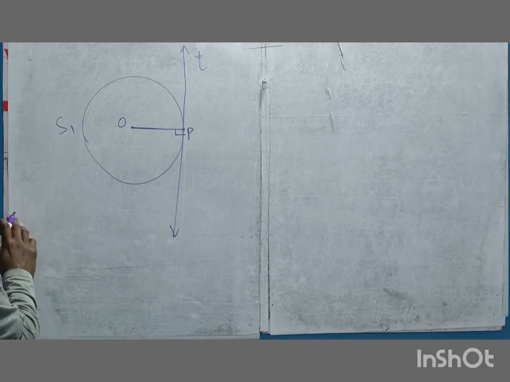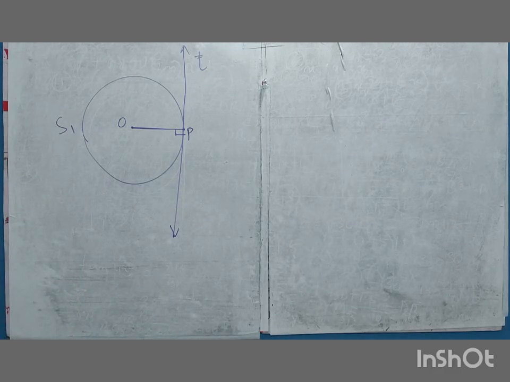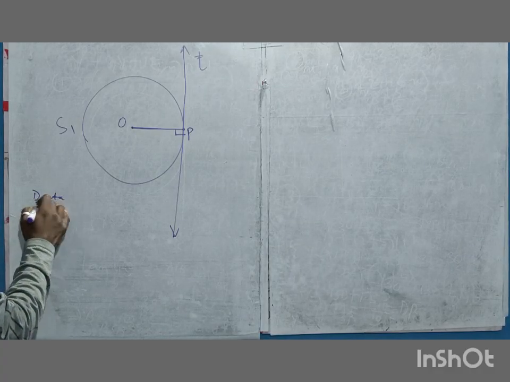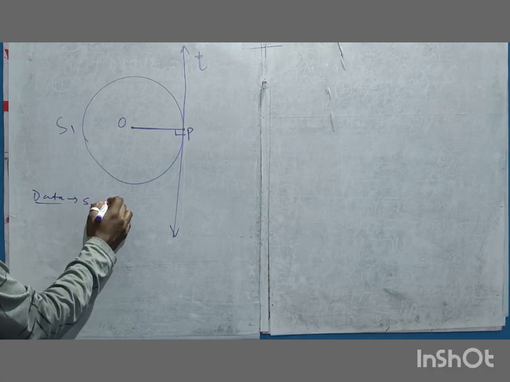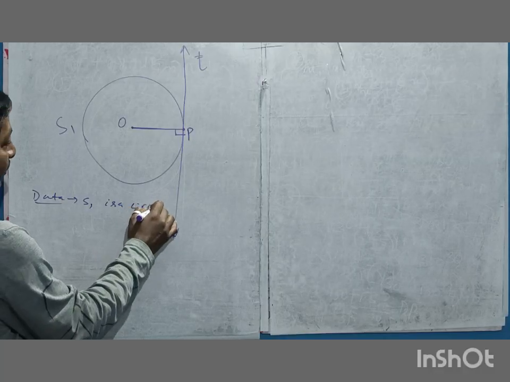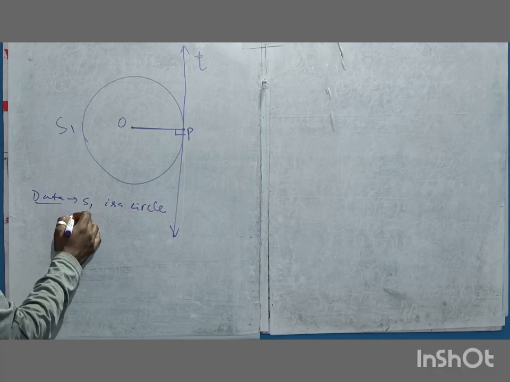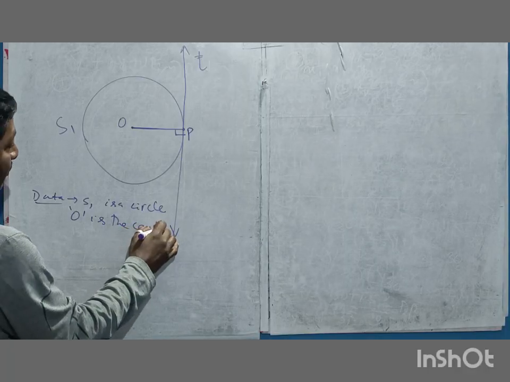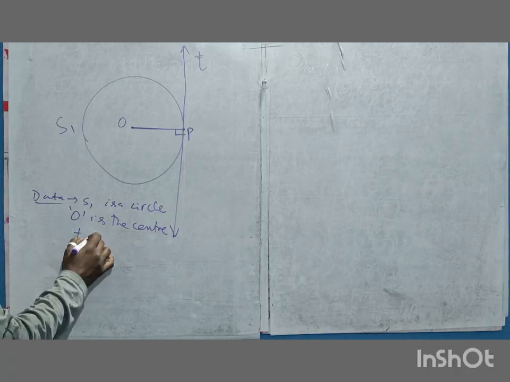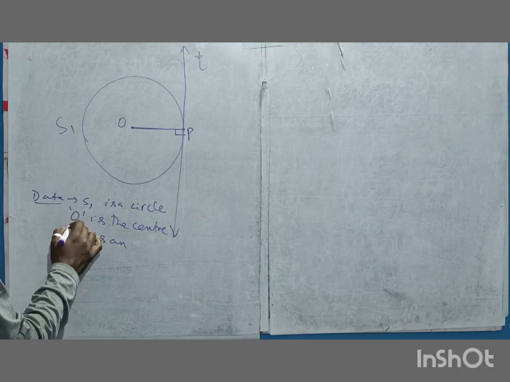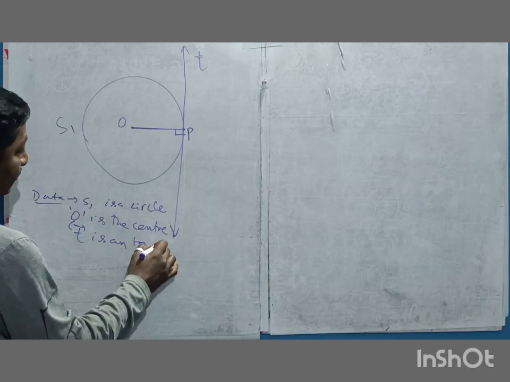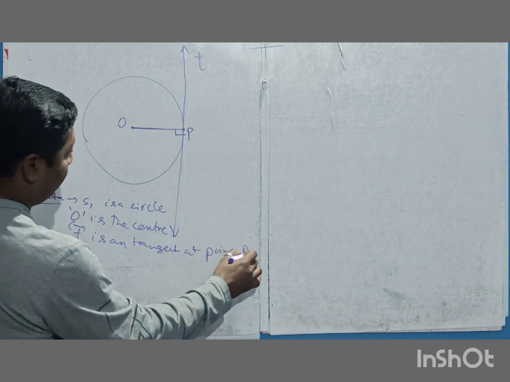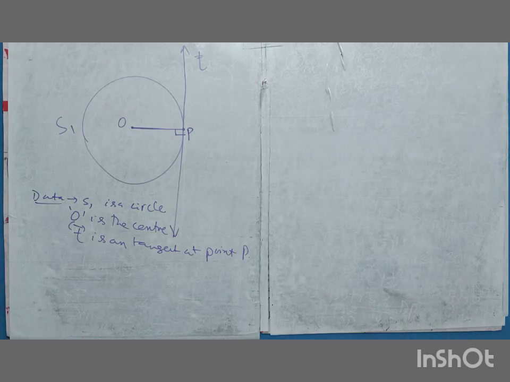So, in the theorem, you need four things. What is the data given? S1 is a circle, O is the center, and T is a tangent at point P. This is the data given.